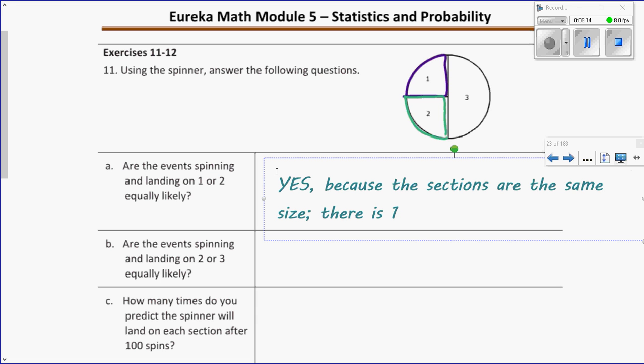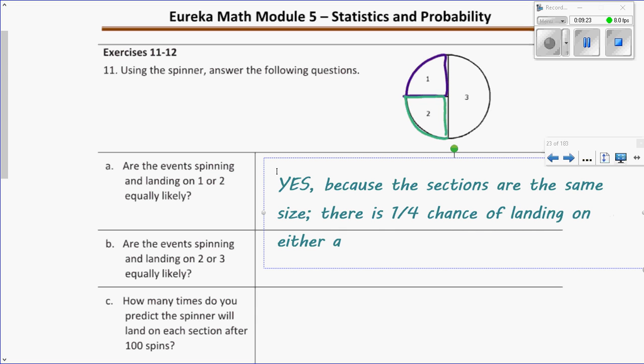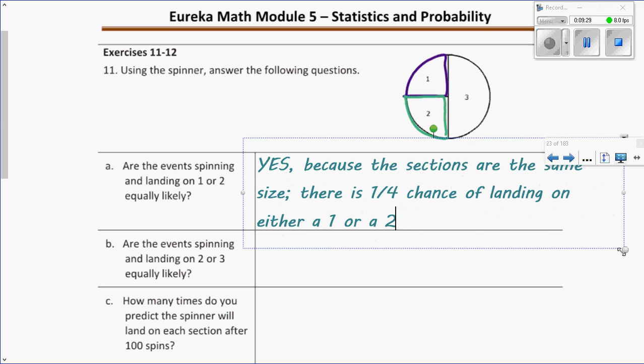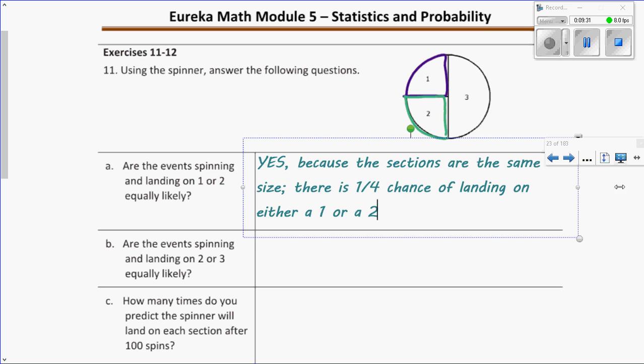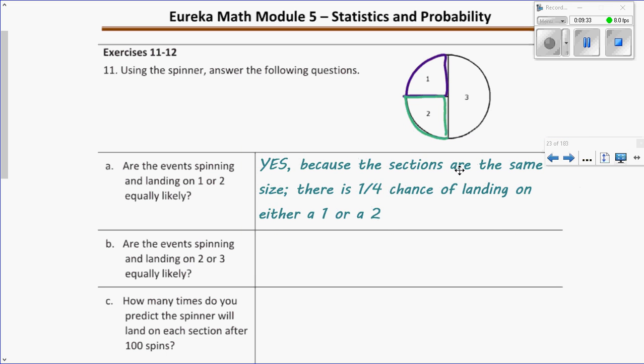There is a 1/4 chance of landing on either a 1 or a 2. Okay? So it's equally likely to land on a 1 or a 2.